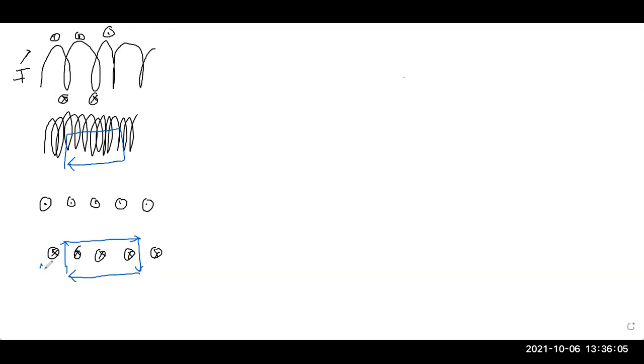So I'm just going to name the sides A, B, C, D. So Ampere's law around that closed loop is equal to the magnetic field along the four lengths that make up that rectangle.